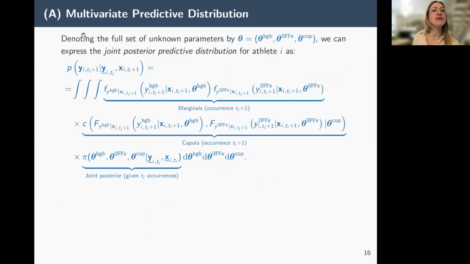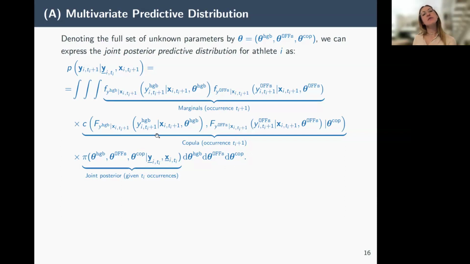Taking into account our interest in this probability distribution here, so the posterior predictive distribution or the prior predictive distribution, if we don't have any data collected on individual I, then by using a Copula representation, we basically can derive this predictive distribution, multivariately, by basically coupling the marginals, each individual marginal, with their dependency structure given by the copula.